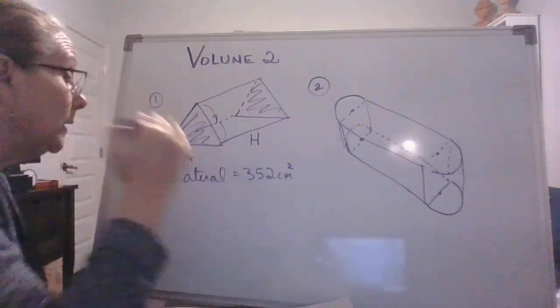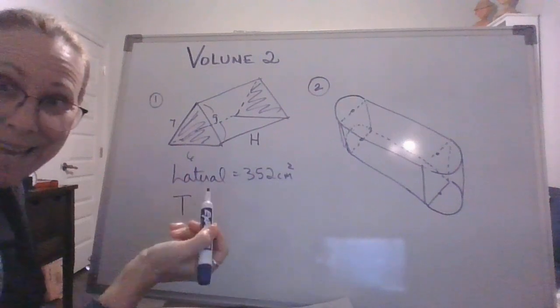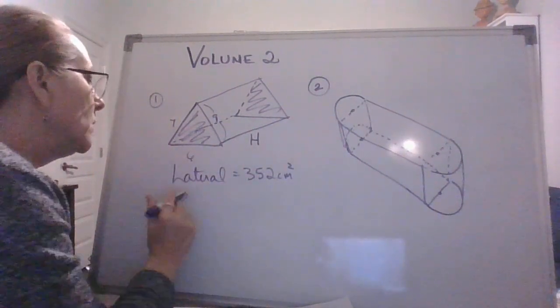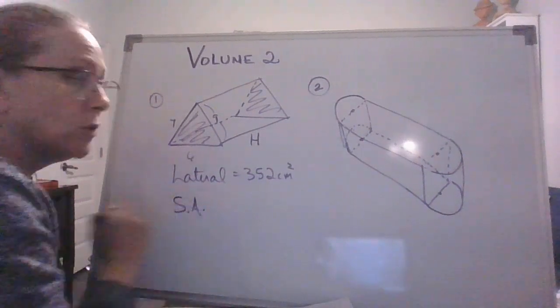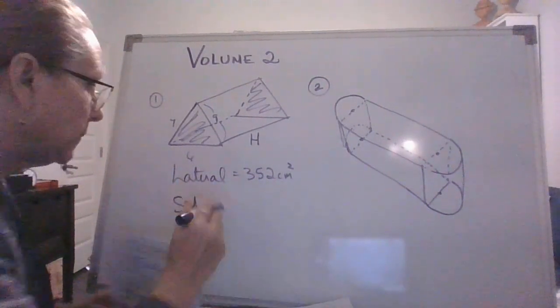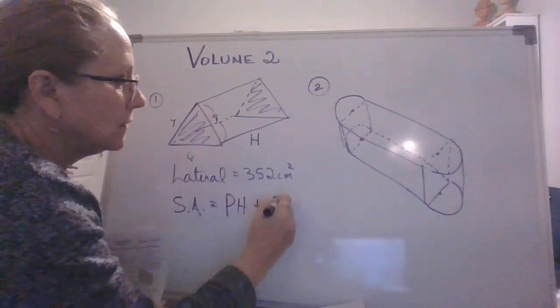Now, the formula for surface area, T or SA, you can see it both ways. T or surface area, total surface area or surface area, is perimeter times height plus 2 bases.